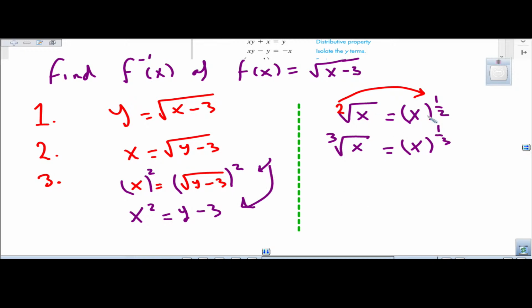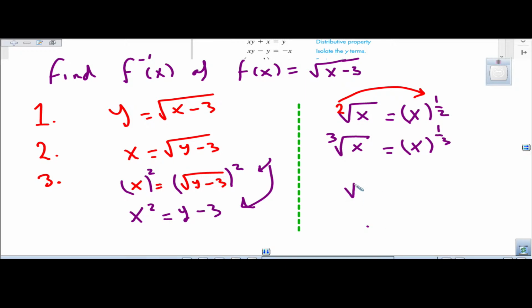Well, let's take a look here on the right side. If you are squaring, so this is x squared, right? If I'm saying 1/2 times 2, how much is 1/2 times 2? That is 1, you're right. And that's exactly what's happening when you square the square root, or when you cube the cubic root.